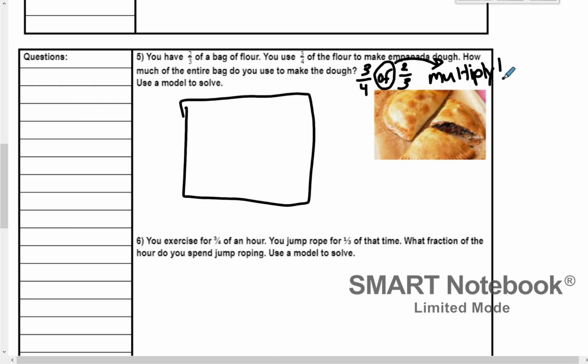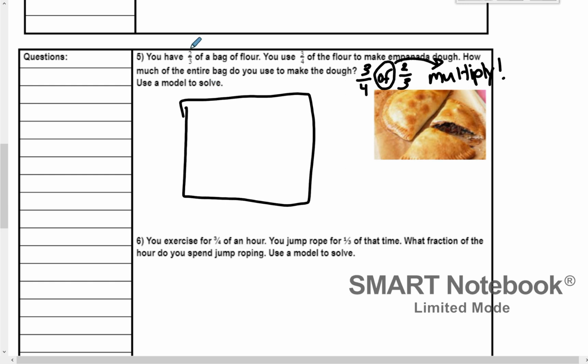Sorry, I'm not gonna be able to finish that on my page. Of always means multiply. So if we're taking 3/4 of 2/3, we're multiplying these fractions. Okay, but we want to use the model to solve. So we're gonna start off with a big, nice, somewhat looking square. Okay, mine's not perfect, yours does not need to be perfect either. And we're gonna start off with 2/3.